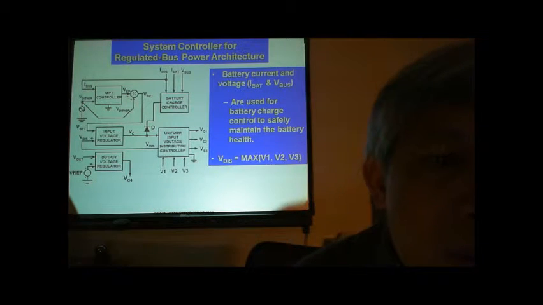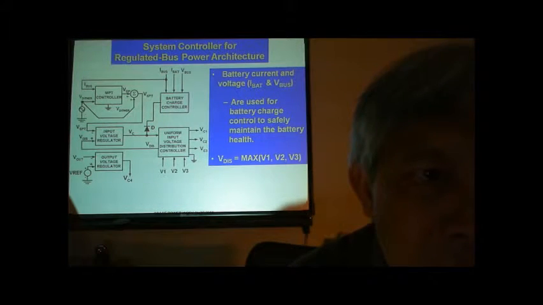In this mode, the maximum value of the sourcing voltage selected from either V1, V2 or V3 is regulated at the value corresponding to the peak power set point voltage VSP.